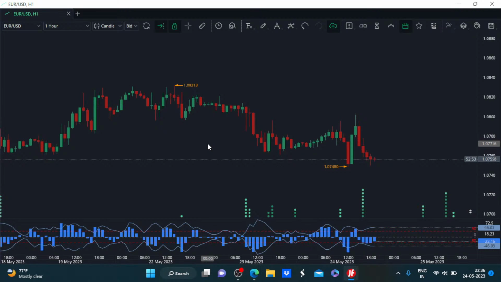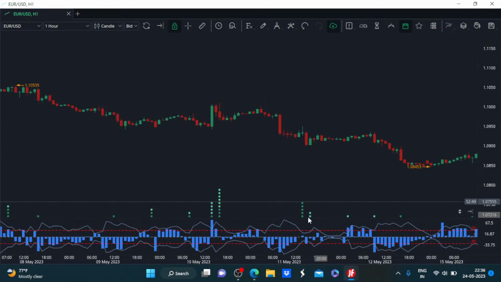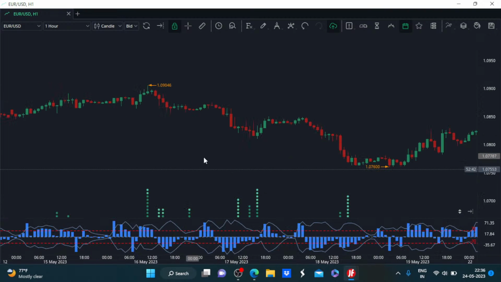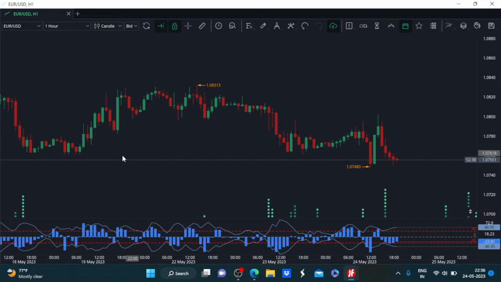So these kinds of opportunities are going to come our way if we are using this rainbow oscillator indicator with the data points to help us navigate these volatile waters of the forex market.